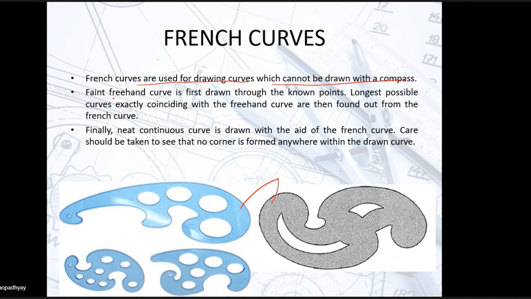A freehand curve is first drawn through the known points, and the longest possible curves exactly coinciding with the freehand curve are then found from the French curve. So say you have a point here, a point here, a point here, like this. It is not a perfect circle. So how do you get a continuous curve through these? By fitting in the edges of the French curve. By rotating and fitting in the edges, you can get a continuous curve like this.